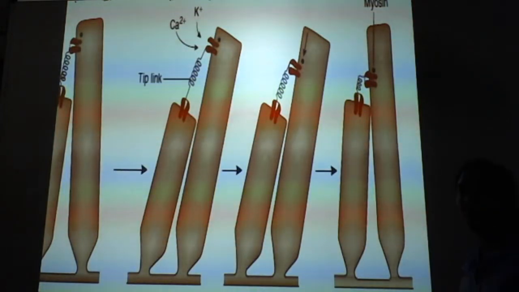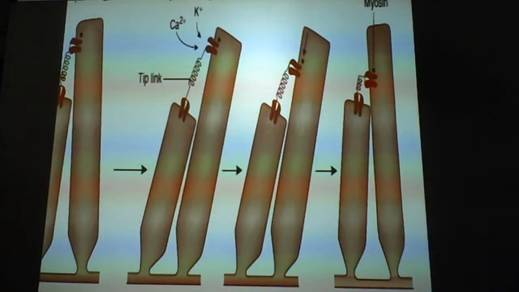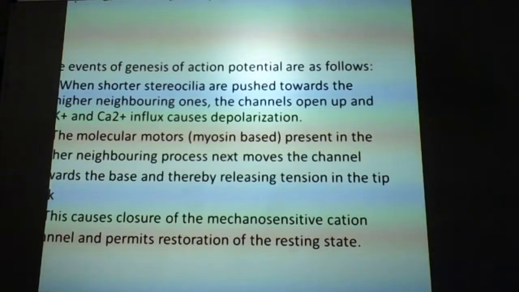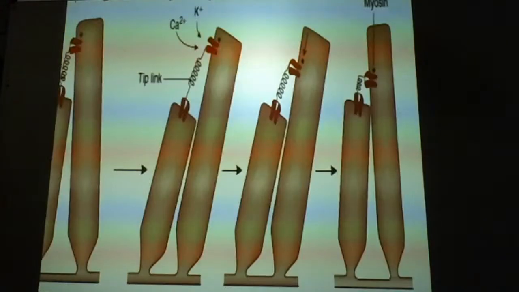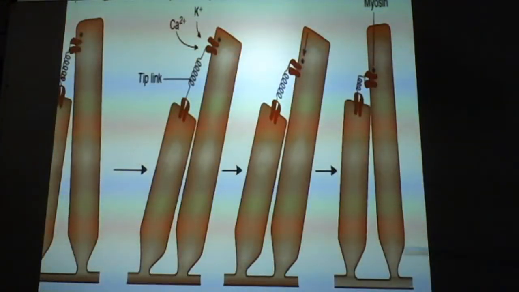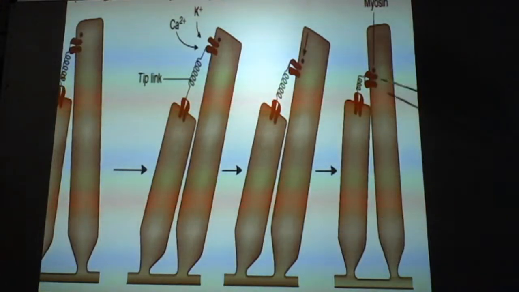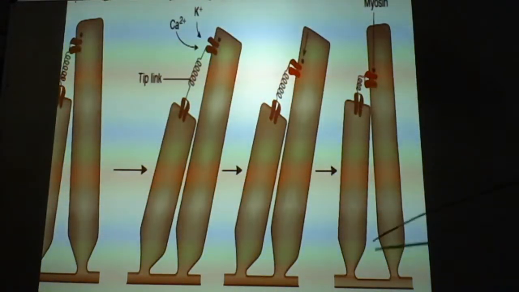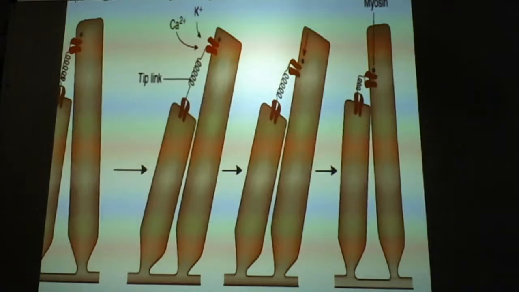So in order to break the tension which is present in the channels, the molecular motors present in the higher neighboring process move the channel towards the base, thereby releasing the tension in the tip link. This causes closure of the mechanosensitive cation channel and permits restoration to the resting state. So once it moves towards the base, it causes closure of the channels and thus brings it to resting membrane potential.